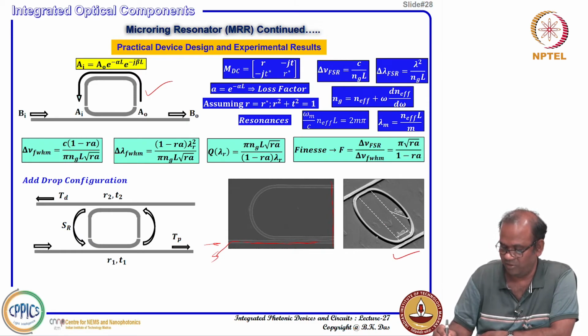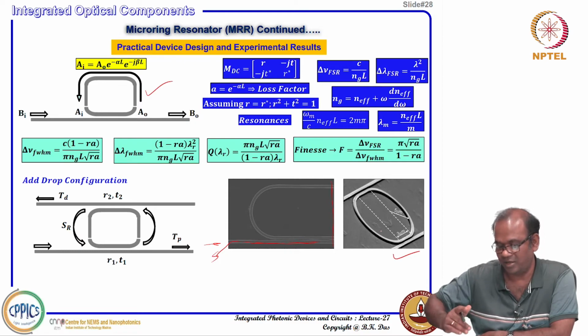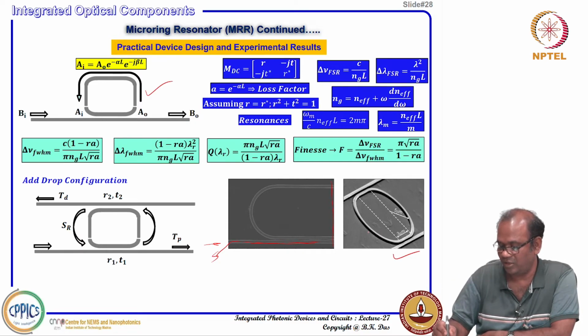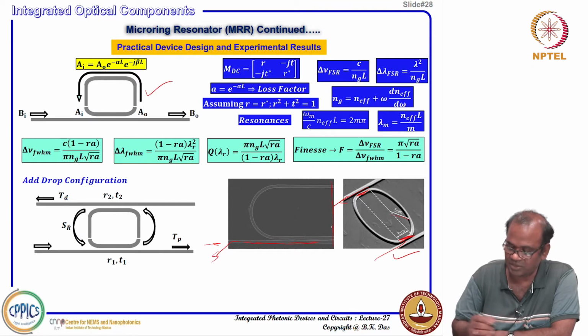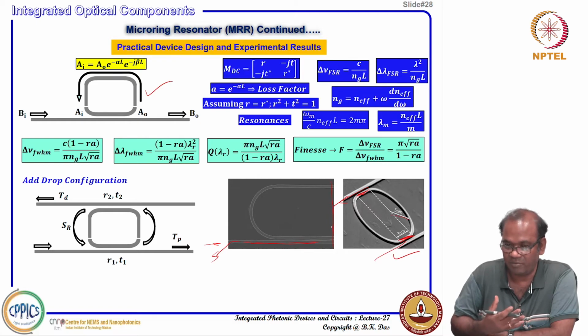That is a 3D view, a little bit tilted sample, and scanning electron microscopic image. If you see, this is a 5 micron bending radius and a little bit of flat portion racetrack design is kept, so that you can couple light in and couple out here. So, this is the fabricated device, how it looks after fabrication, and it is used for different types of applications.